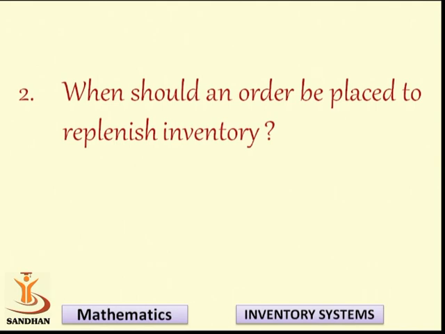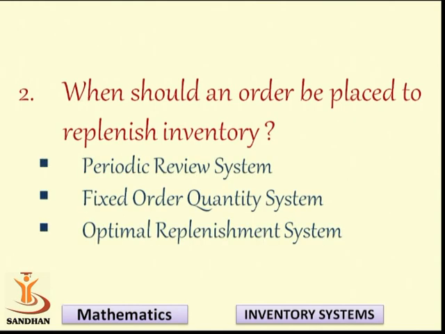In such cases, there are three kinds of approaches in order to maintain the status of an inventory. The first is a periodic review system. That is, we place an order at regular intervals of time. It could be on a monthly basis, it could be on a fortnightly basis, maybe on a quarterly basis, or maybe on half-yearly basis or annually.